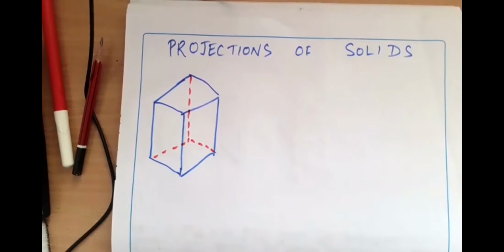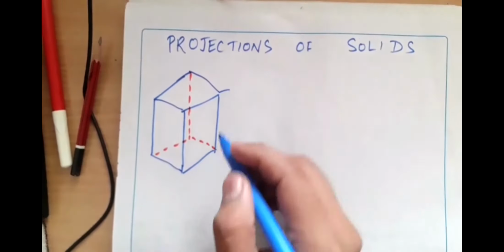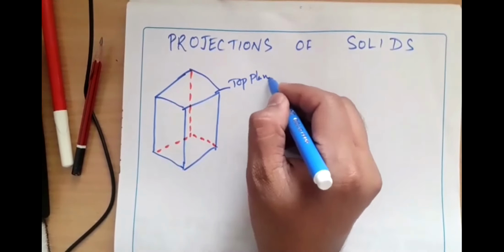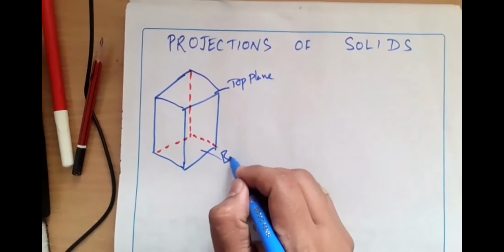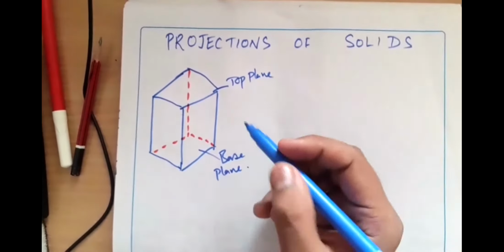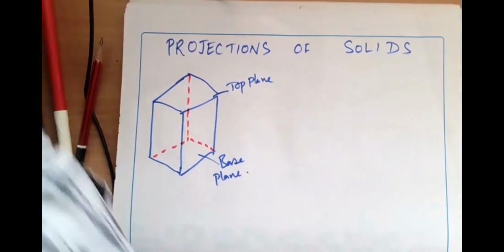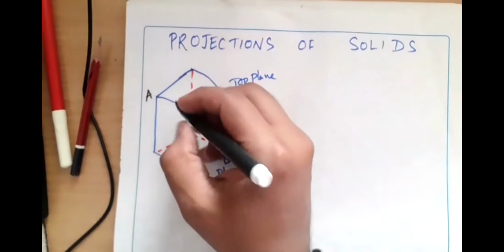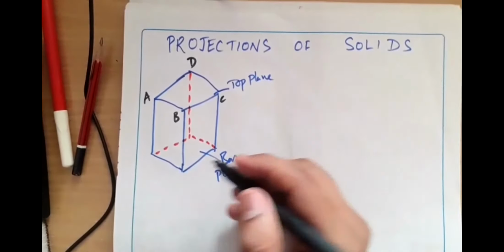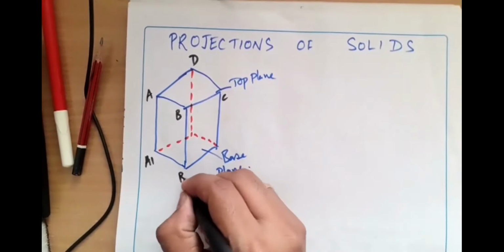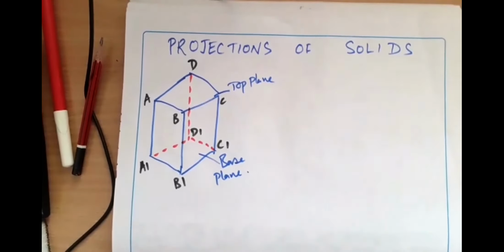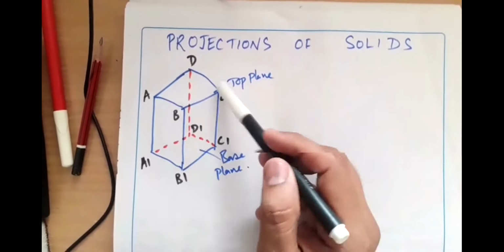And very importantly, you need to represent the top plane and the base plane. I'll give some names to it: top plane A, B, C, and D, and correspondingly A1, B1, C1, and D1 for the base plane.